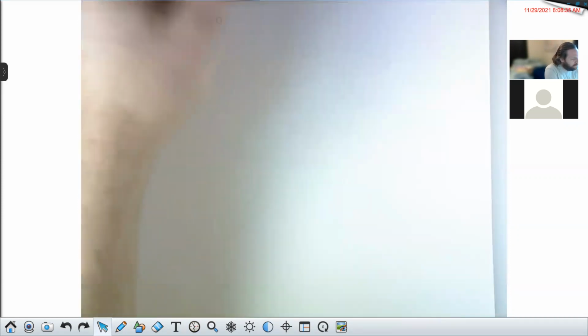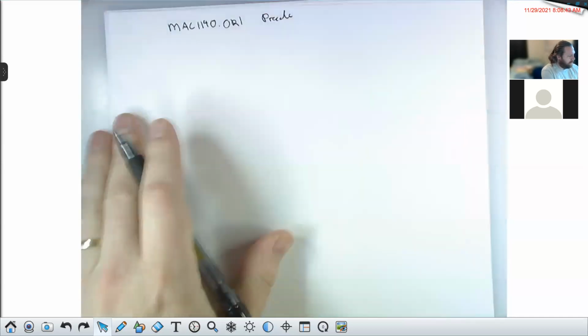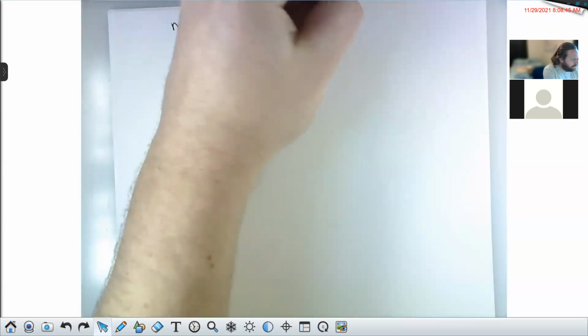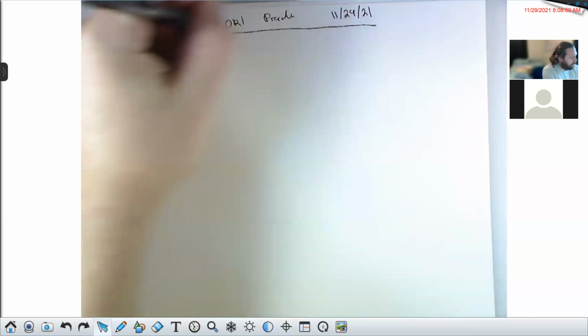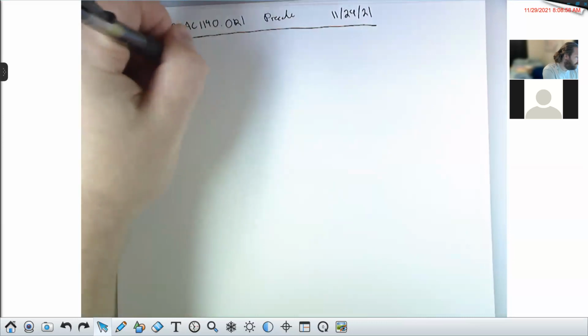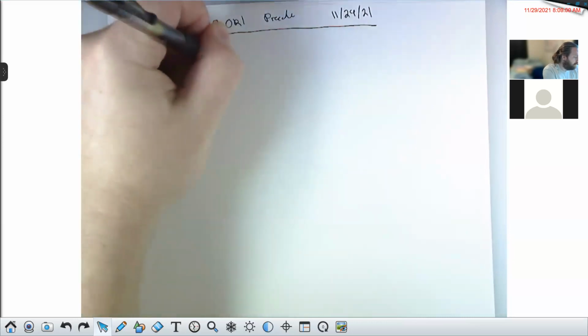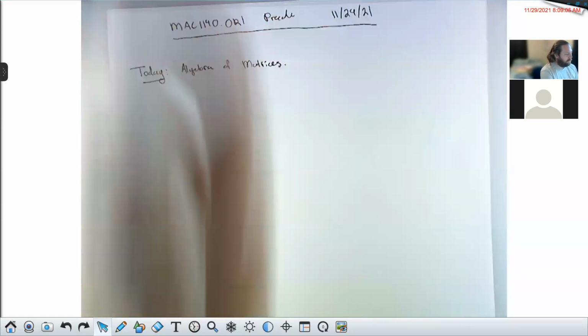All right. So here we go. This is MAC1140 section 0R1, which is pre-calc. And the date today is the 29th of November, 2021. Today, we're going to begin talking about the algebra of matrices.